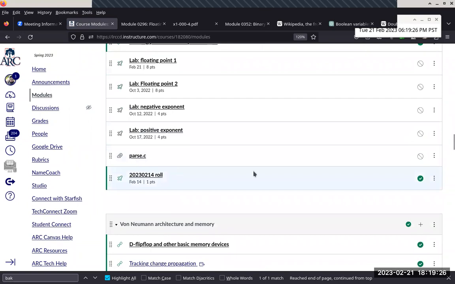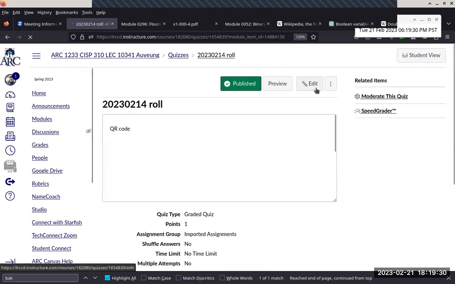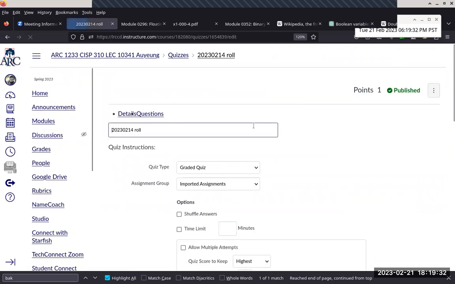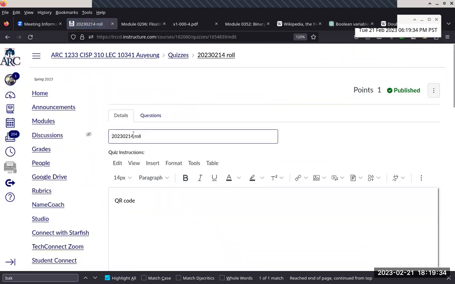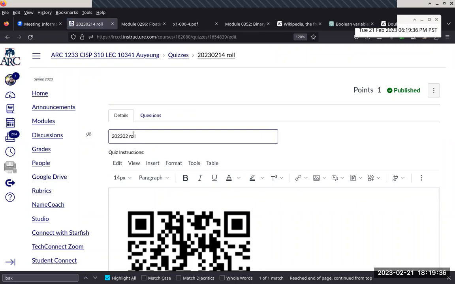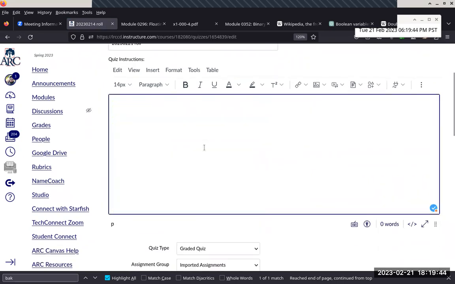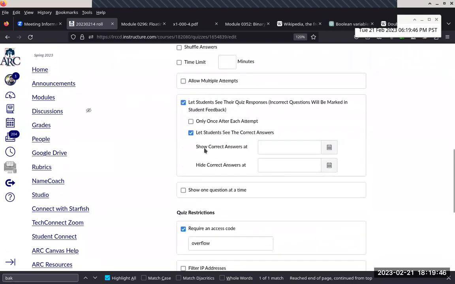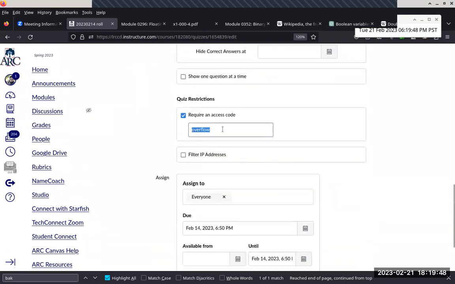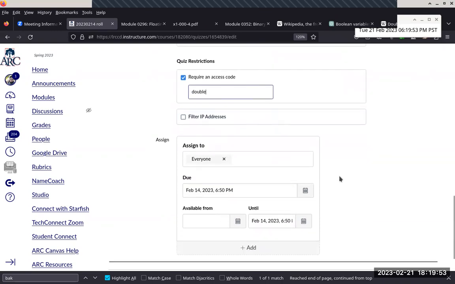Okay, you guys can all see this now. It has the same passcode as last time, but the date is not going to let you do it. So let me change the date first. So today is what? The 21st. And the QR code doesn't work anymore, so don't do it. It's the wrong link. So the access code, let's change it to just double. Okay, that kind of makes sense.